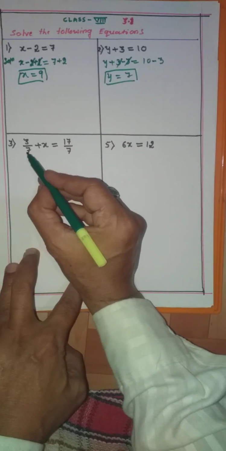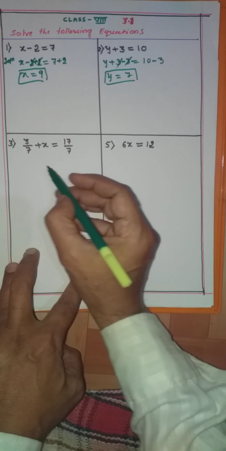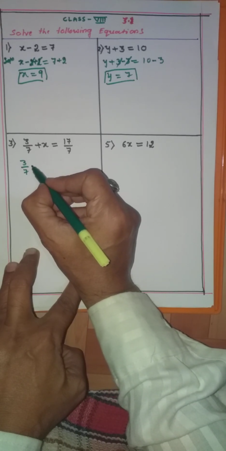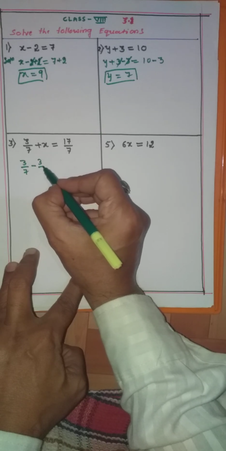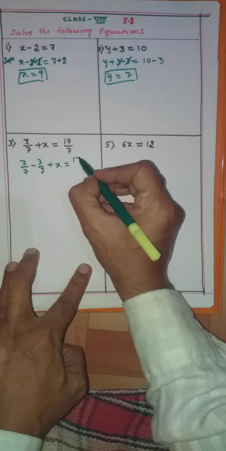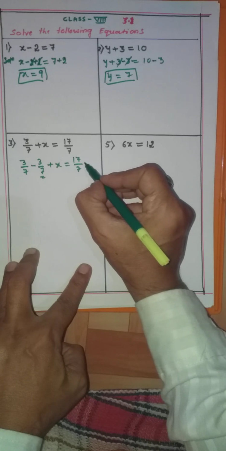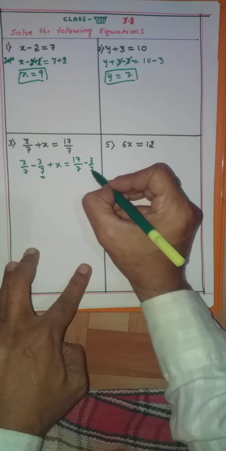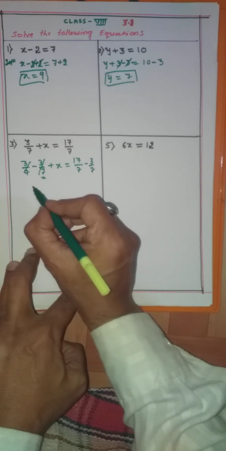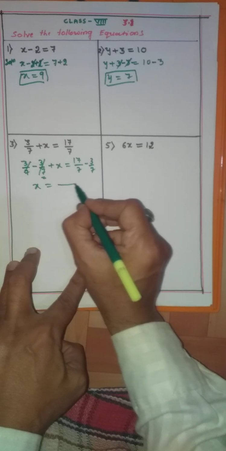Third one, 3 by 7 plus x is equal to 17 by 7. 3 by 7, put here minus 3 by 7 plus x, 17 by 7 as it is, minus 3 by 7. 3 by 7, 3 by 7 gets cancelled. x here, take LCM.